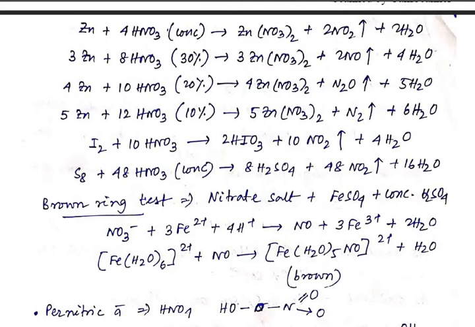So the last reaction is very important because here the sulfur and the nitric acid are on the left hand side, and on the right hand side mainly the sulfuric acid is formed. So that is one of the reactions where at the left hand side a strong acid is there, and at the right hand side another very well known strong acid is there.